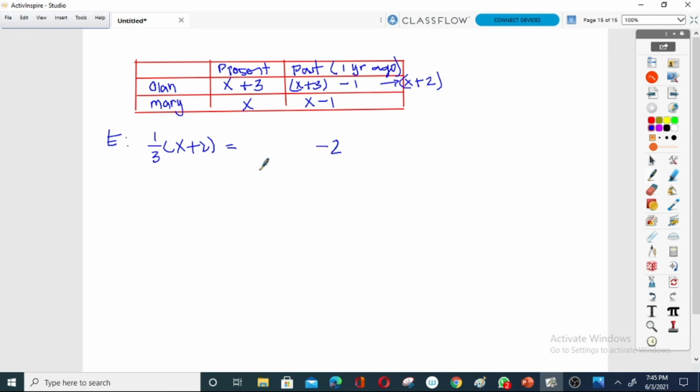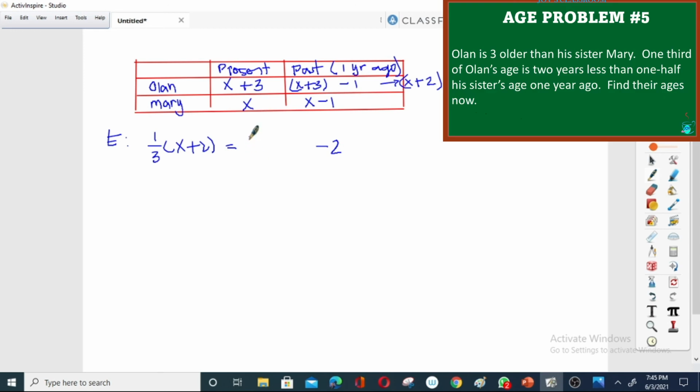His sister's age is x minus 1, so 1/2 of x minus 1. Okay, so that is our equation. Let us solve.